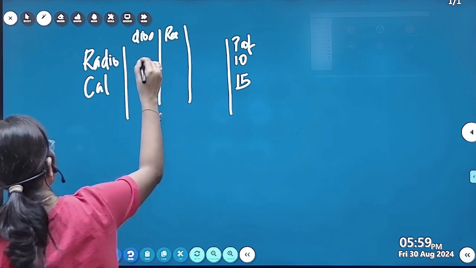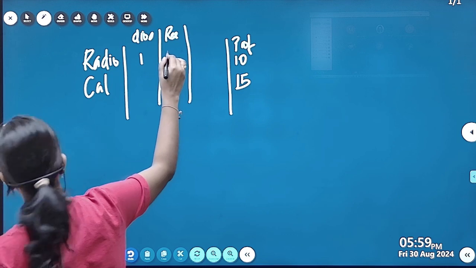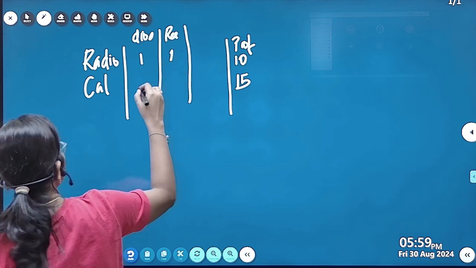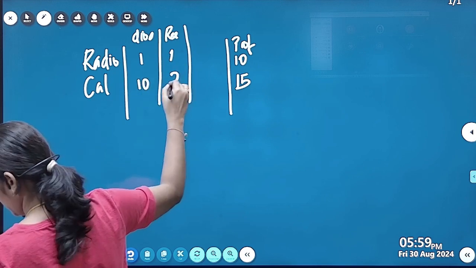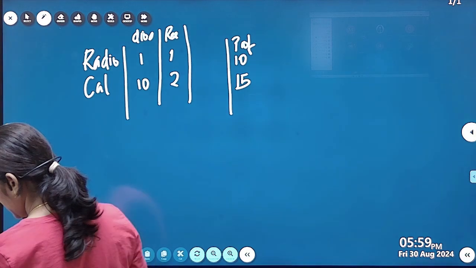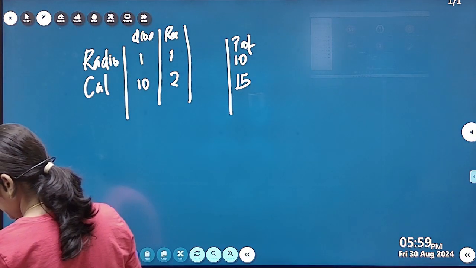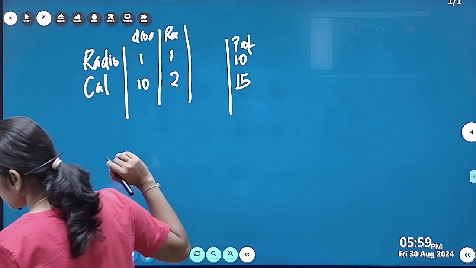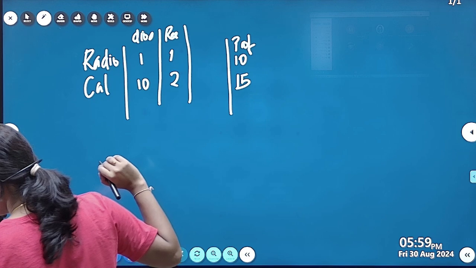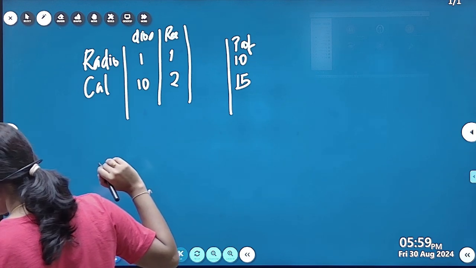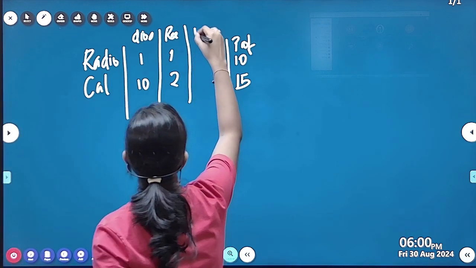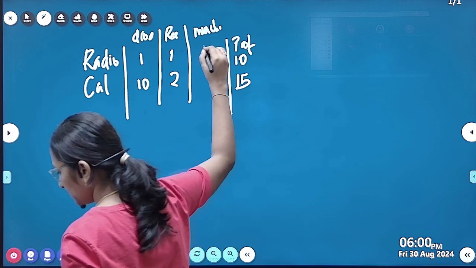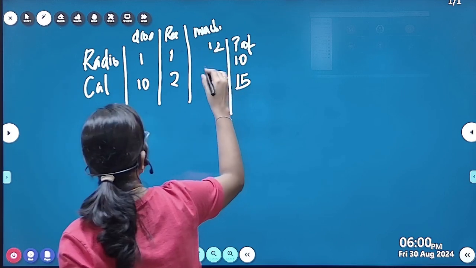How much will it take? Radio will take 1 unit of this and 1 unit of this, and calci will take 10 units of this and 2 units of this, and the radio will take 12 minutes and calculator will take 9.6 minutes. Machine hours. How many minutes? 12 and 9.6.